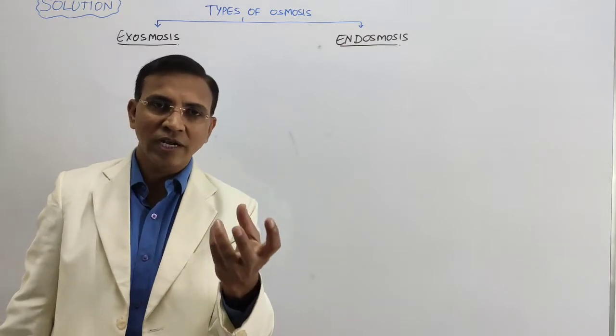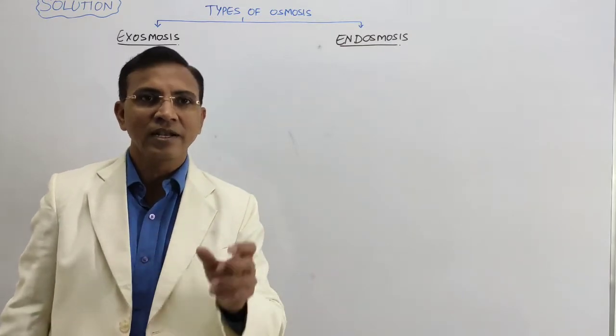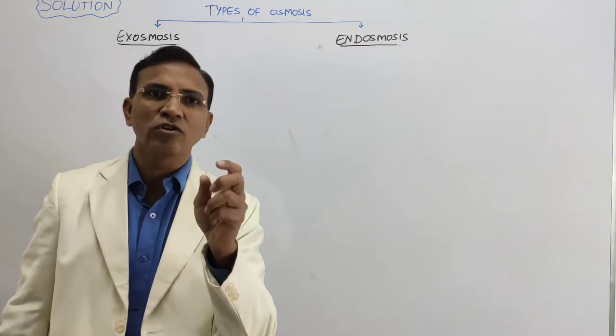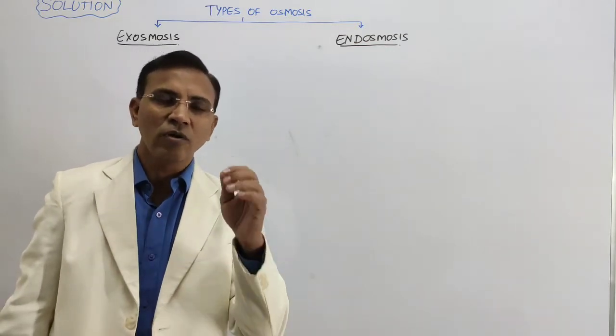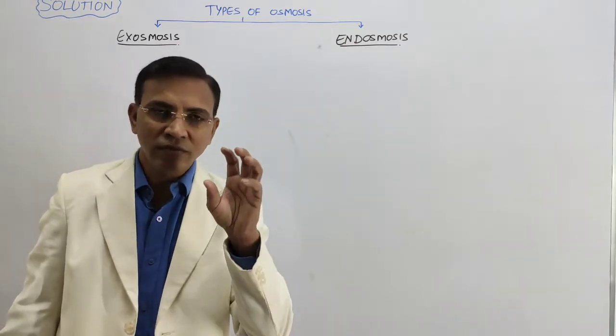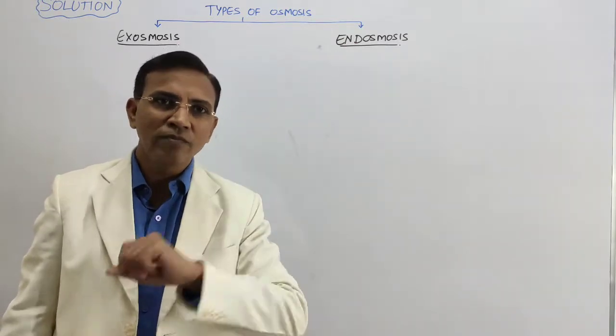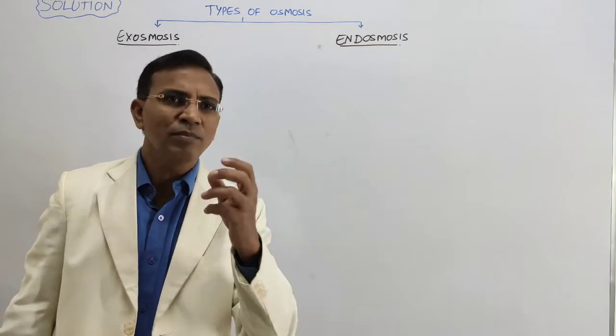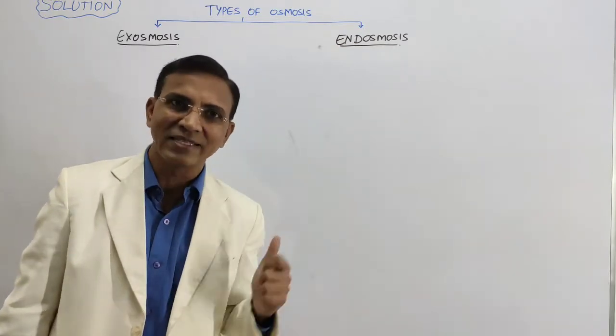Hypertonic solution means more concentration is there, so the flow of the solvent particles takes place from the cell to the solution. That means the solvent particles move out of the cell, and because of that the cell becomes flaccid, right?